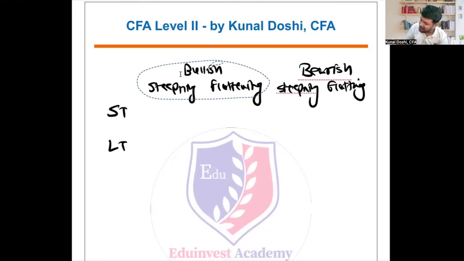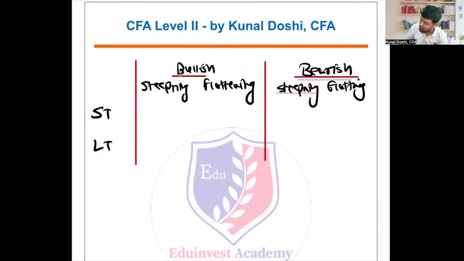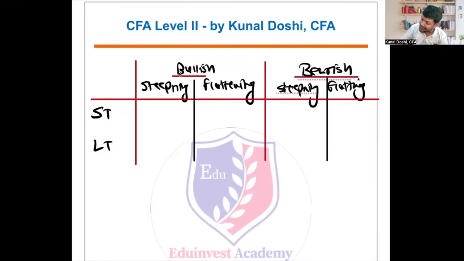Now, whenever I say the word bullish, bullish in bonds is when you are expecting the rates to go down. But which rate am I expecting to go down? That is important.